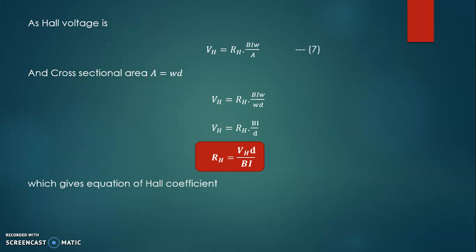In other words, if a current carrying conductor is kept in a transverse magnetic field, at that time we get an electric field, and the equation of the Hall voltage is V suffix H is equal to R suffix H into B I W upon A, where RH, the Hall coefficient, is V suffix H into D upon B I. Here directions are important because the potential or electric field is along the width, so in this equation W is here.